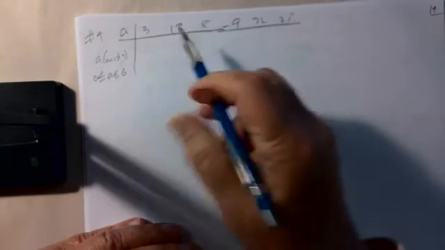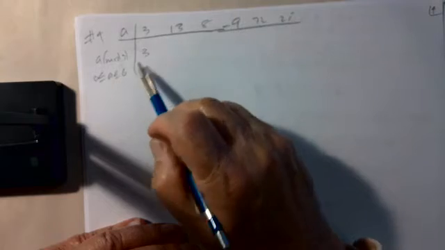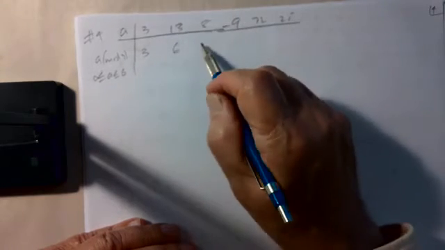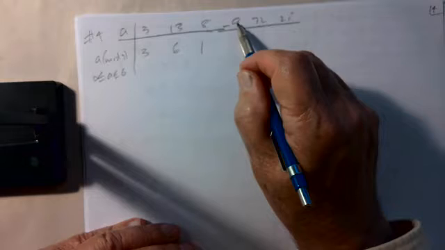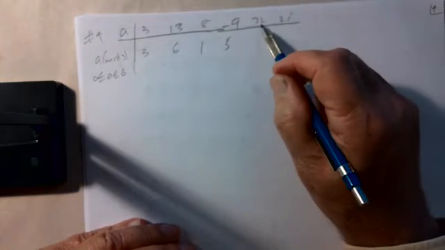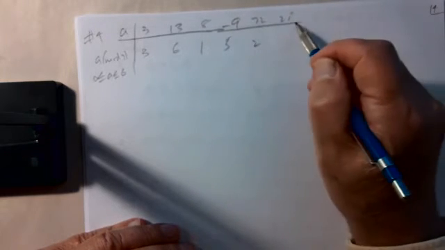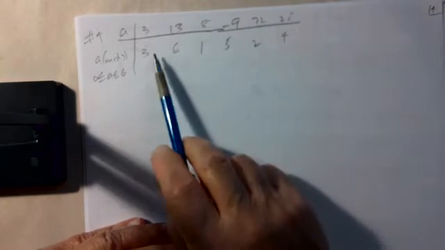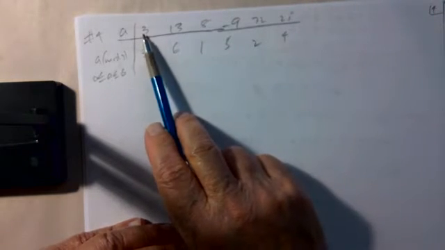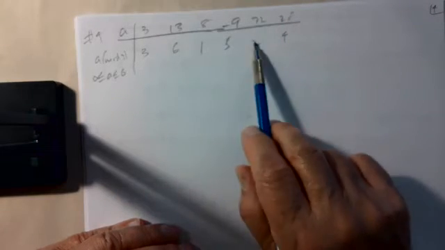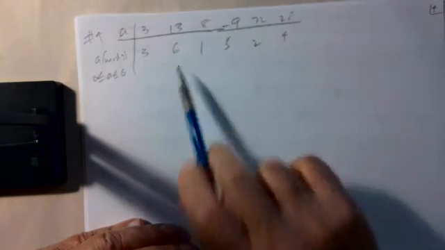72, and 25. So 3 is congruent to 3 mod 7. 13 is congruent to 6. 8 is congruent to 1. Minus 9 is congruent to 5. 72 is congruent to 2. 25 is congruent to 4. So if you look at the least non-negative residues of these 6 numbers, you get the numbers 1, 2, 3, 4, 5, 6.